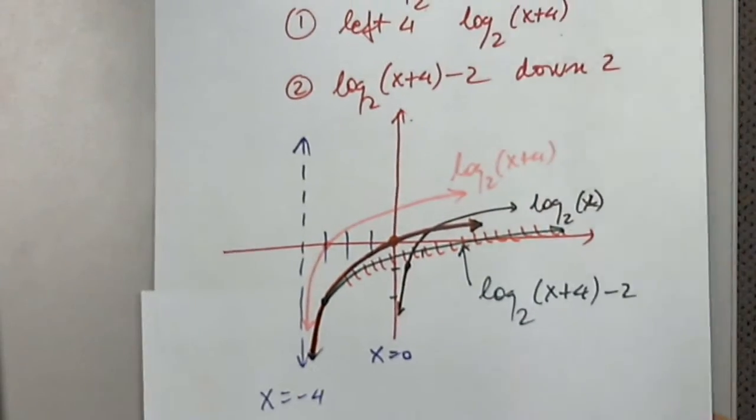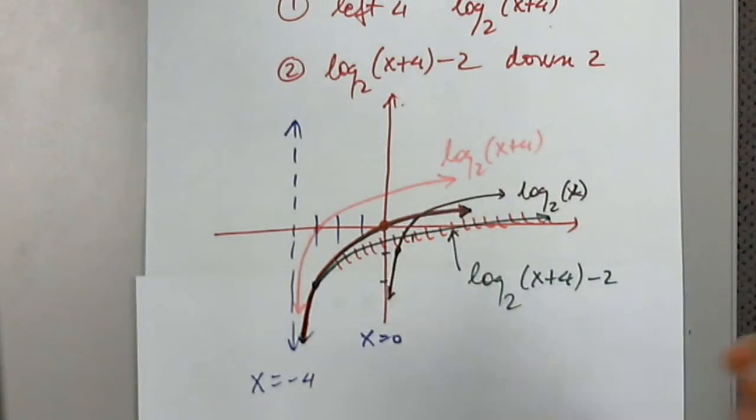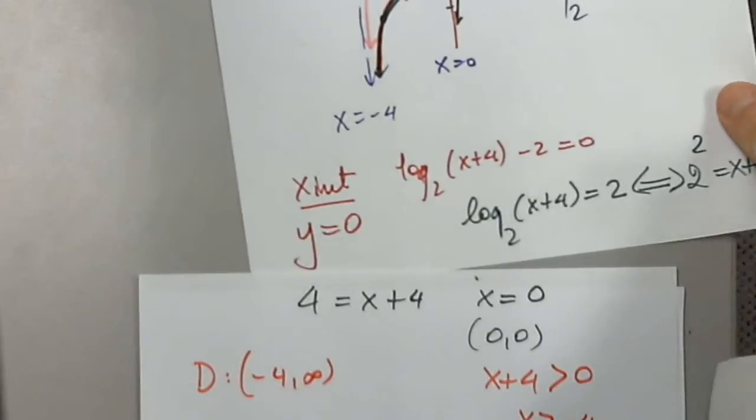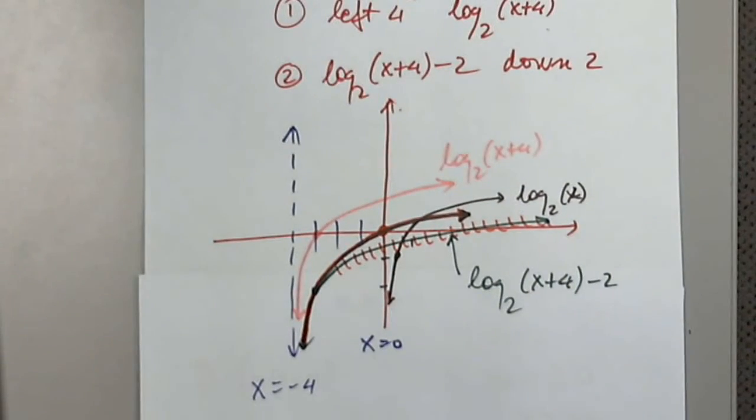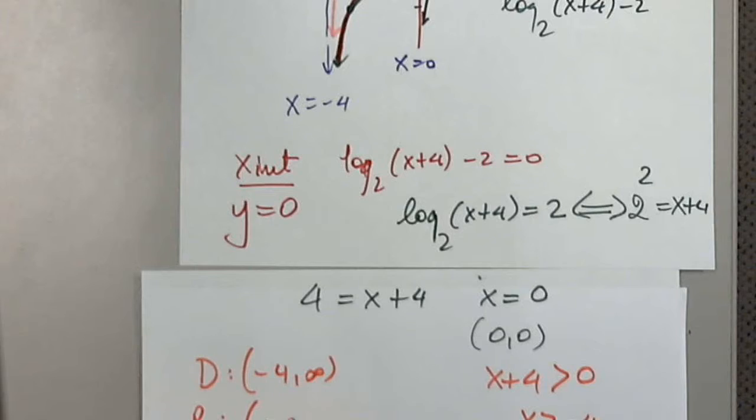Although I already see it has to be greater than -4. So the domain is -4 to infinity. What about the range? For the range, I have to look at the graph. Exactly. The range is all real numbers. Very good.